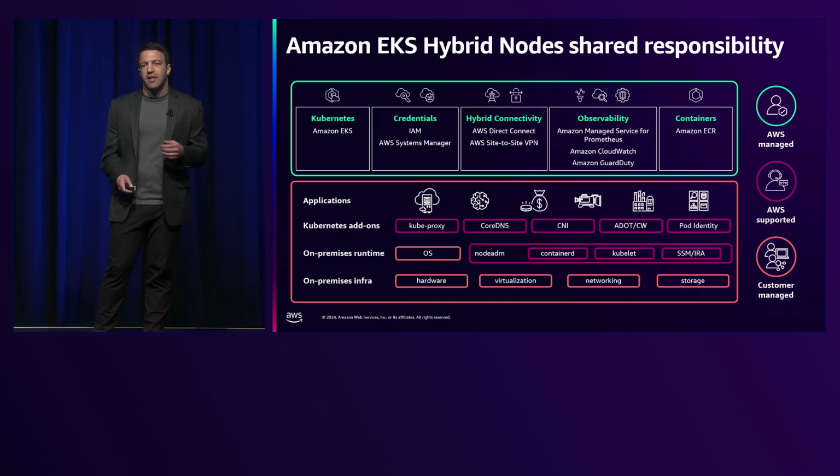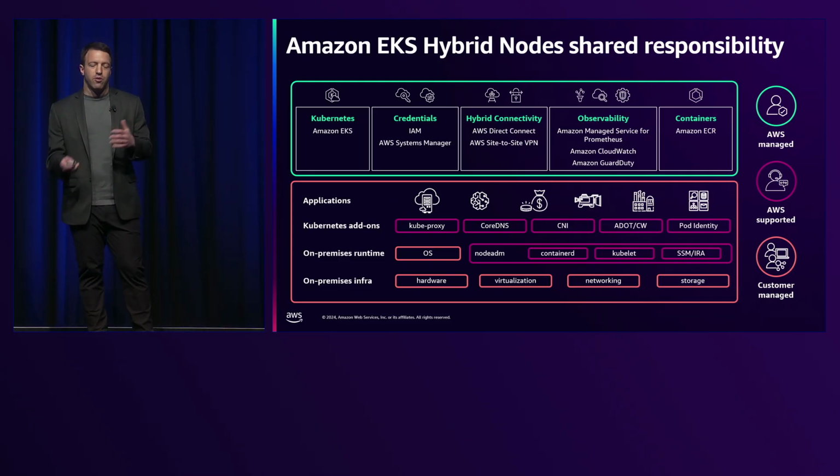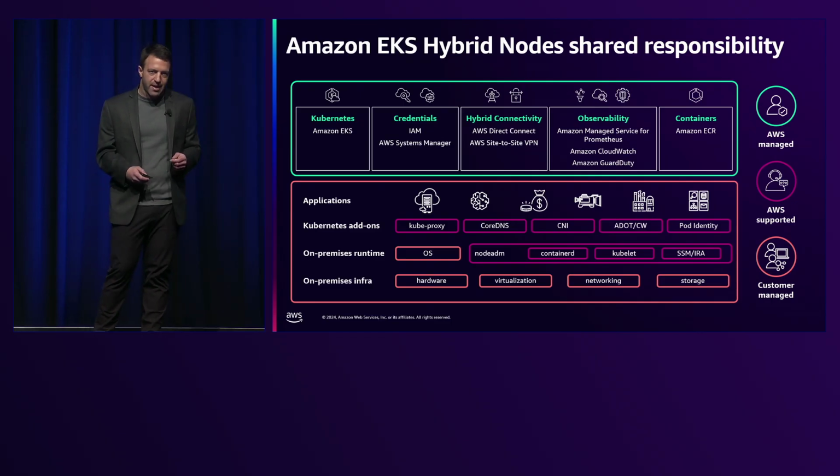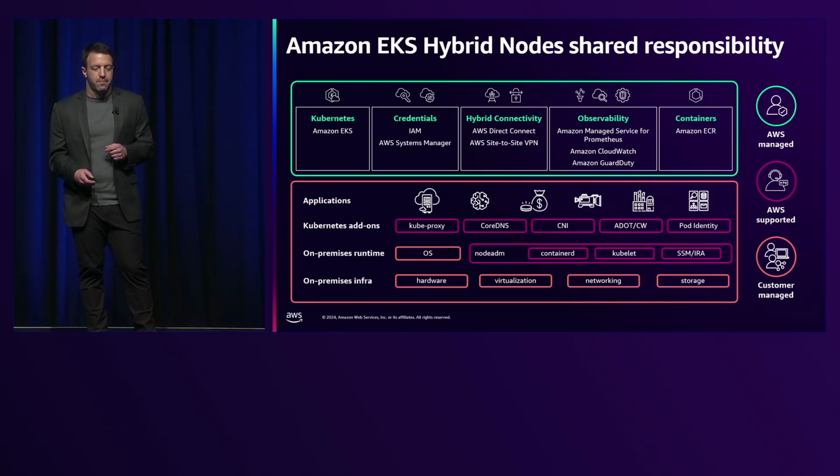AWS supports the integration of the Cilium and Calico CNI drivers when you run them with hybrid nodes, and AWS supports the basic features of those drivers with hybrid nodes, including for overlay networking, IP address management, and dynamic pod IP advertising using the Border Gateway Protocol, or BGP.